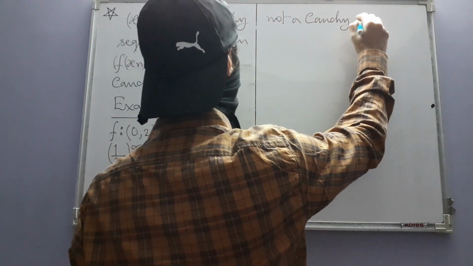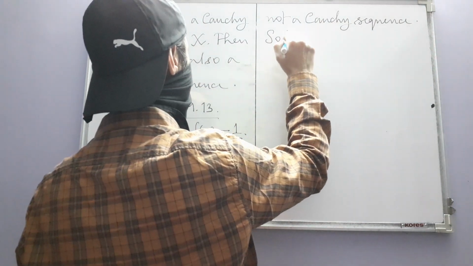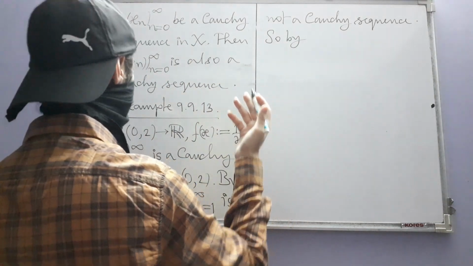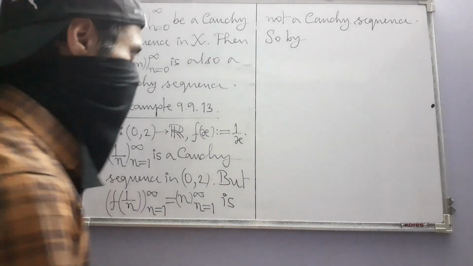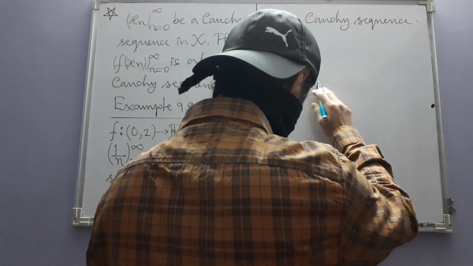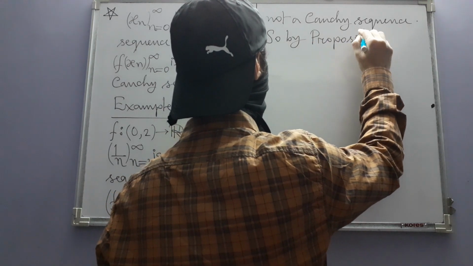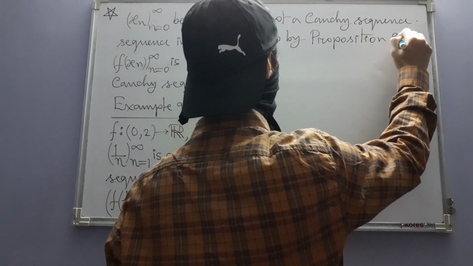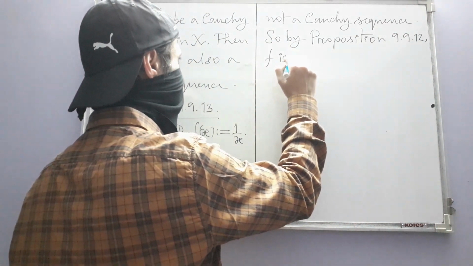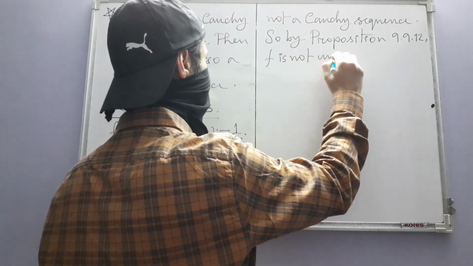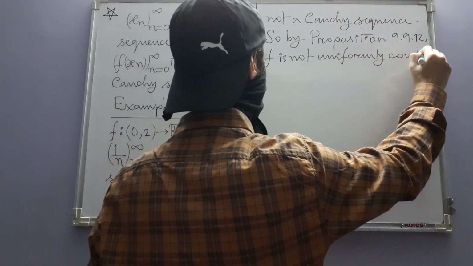So by, what was that, 9912? Yeah, so by proposition 9912, f is not uniformly continuous.